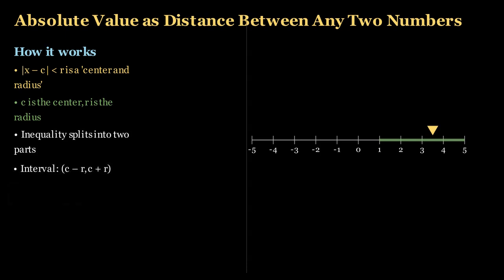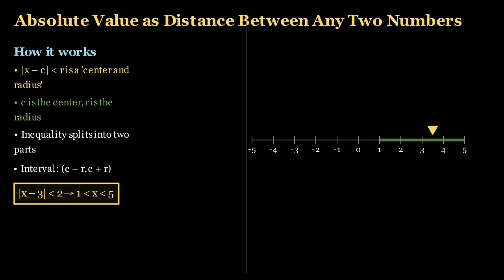So x must be greater than 3 minus 2, which is 1, and less than 3 plus 2, which is 5. We can write this as 1 < x < 5. On the number line, this is an open interval from 1 to 5, with 3 right in the middle. The absolute value inequality is just a compact way to describe that whole interval.